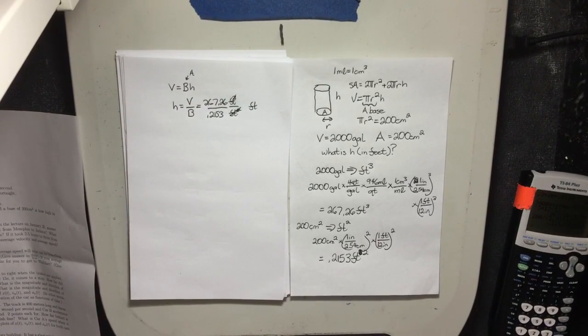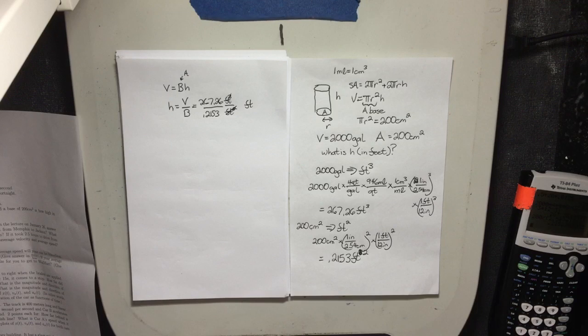And so that's it. Is it a big number? Yes. Am I particularly interested in if it's a big number or a small number? No. What I am interested in is the technique that you use to get to it. That's the critical part.